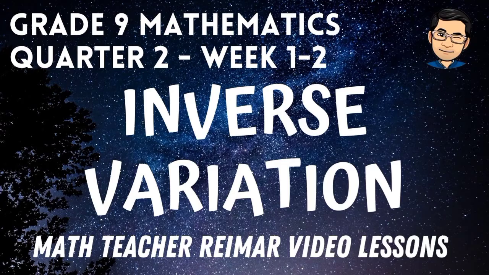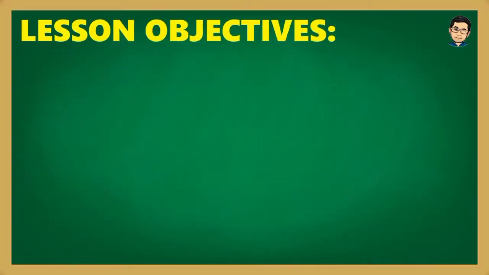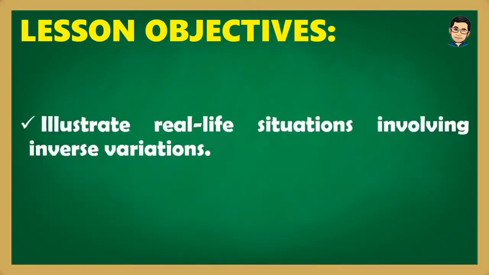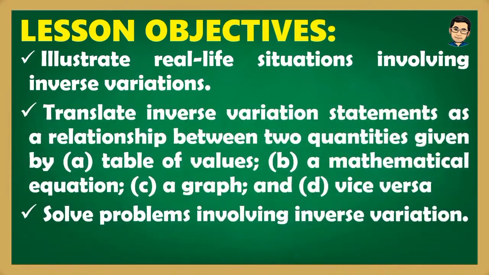So after we discussed direct variation, our next type of variation is inverse variation. So let's start. For our lesson objectives, like I said in the direct variation video lesson, the objectives are the same. We are just changing the type of variation.